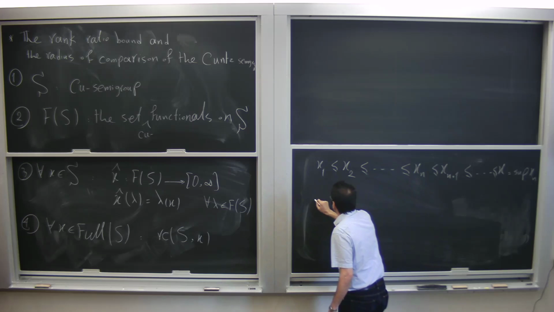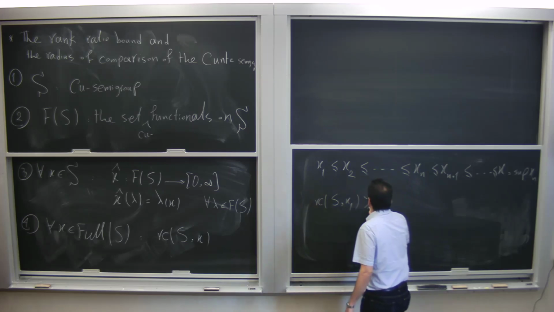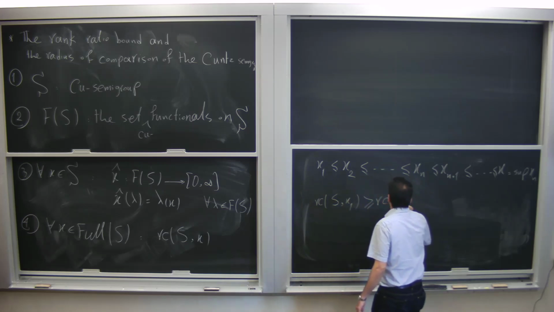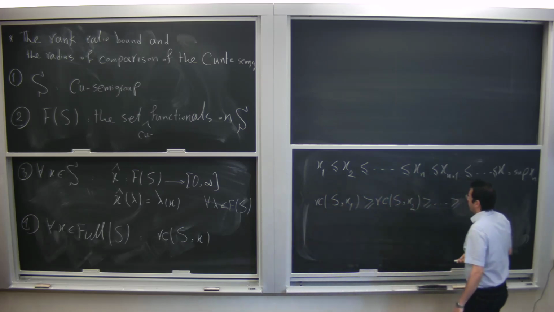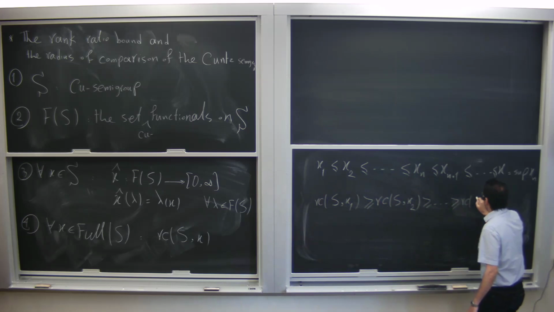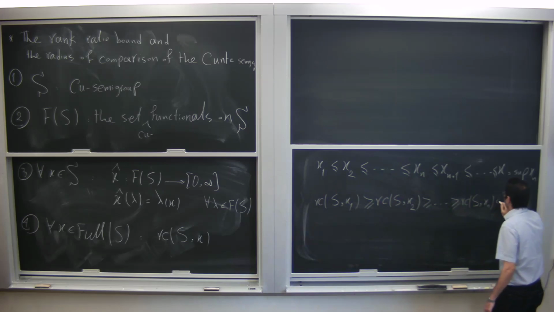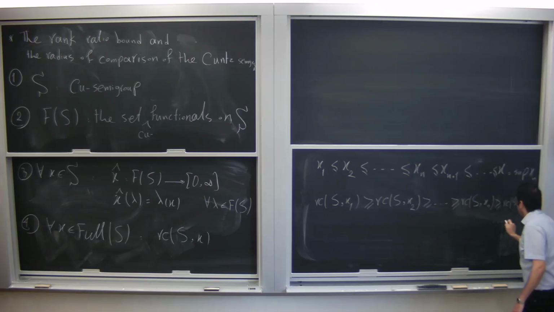So you have RC of S relative to x1 is bigger than or equal to RC of S relative to x2, and so on, then RC of S and x_n, then RC of S and x_{n+1}, and at the end, RC of S and x.